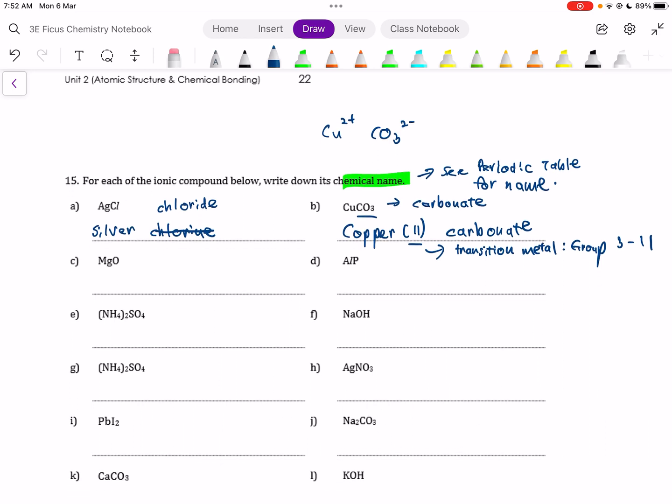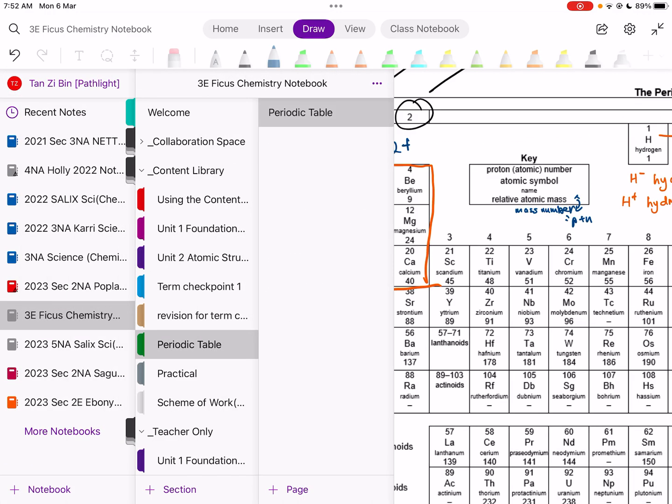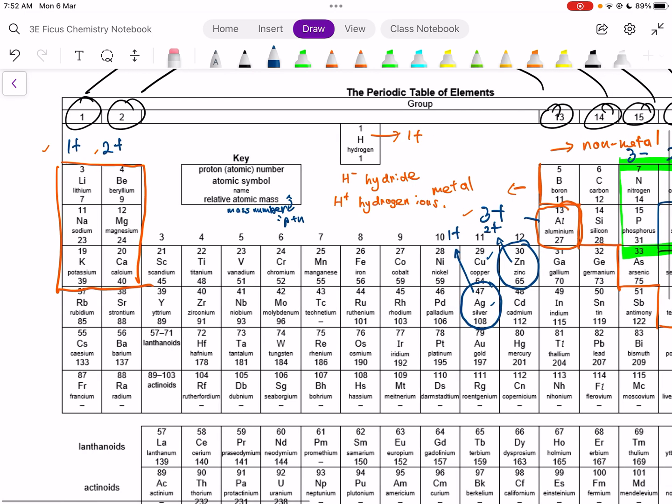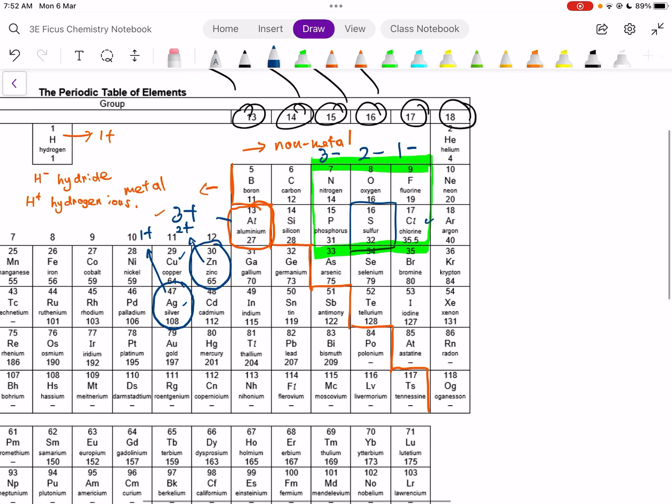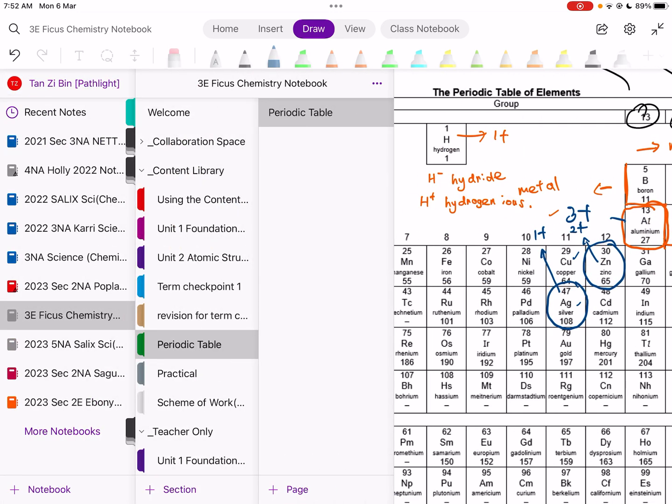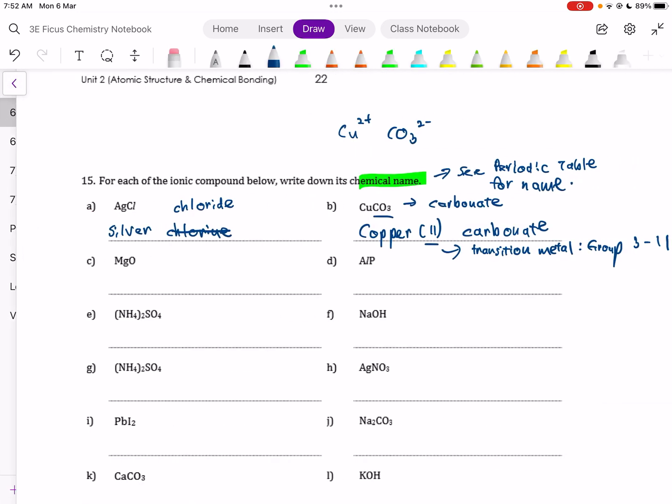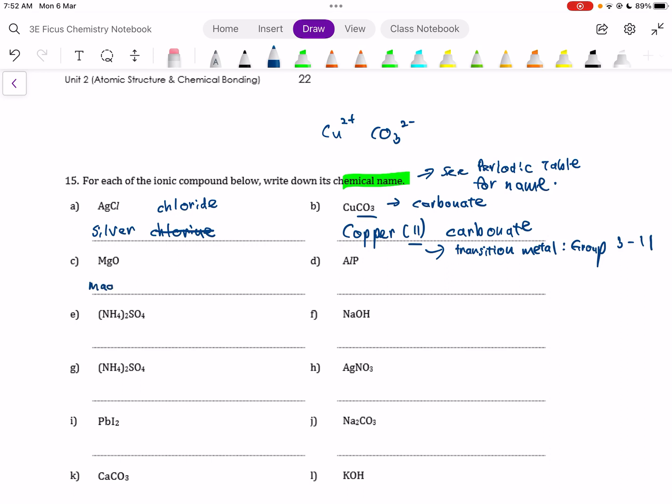Next one, I have MgO. This one is straightforward. Once again, just see from the periodic table. Mg is here, O is here. Magnesium oxide. We don't call this magnesium oxygen. You actually call it magnesium oxide.